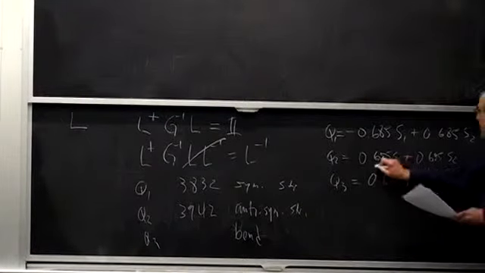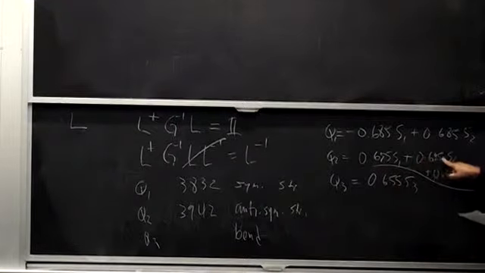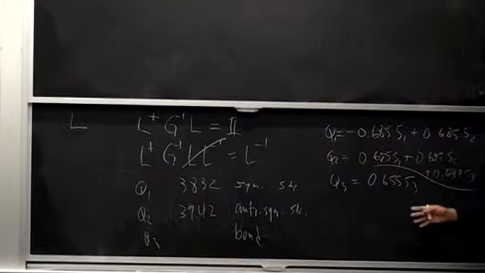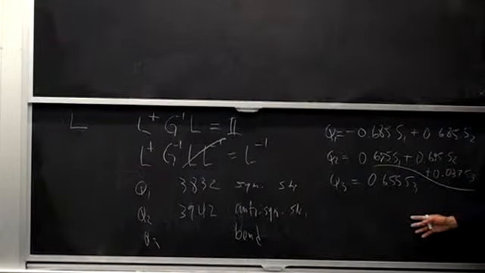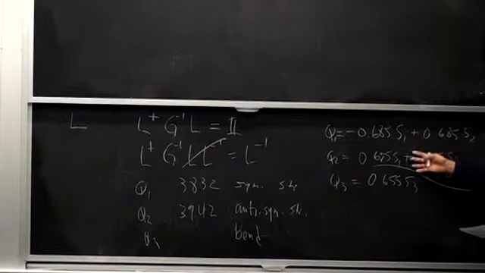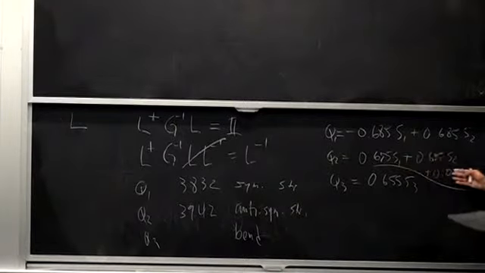I'm sorry, this one is basically a pure bend. This is predominantly a symmetric stretch and has a little bit of bend in it. Why just a little bit? How do the G and F matrices tell us about the mixing of the internal coordinates? So you look at these and you see, obviously antisymmetric, symmetric, and this is obviously a bend, and this is a stretch with a little bit of bend in it.